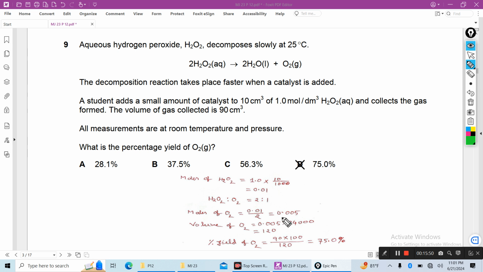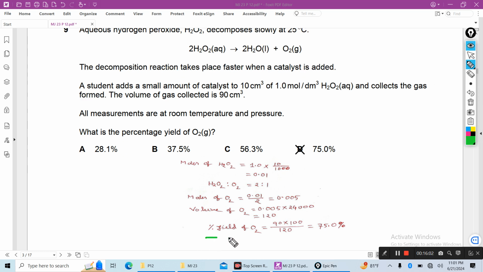So you get 120 centimeter cube. This is the calculated volume. Now percentage yield of oxygen is the actual or experimental volume, 90 centimeter cube, divided by the calculated volume, 120 centimeter cube, times 100. So you will get 75%. That's why this is the right answer.